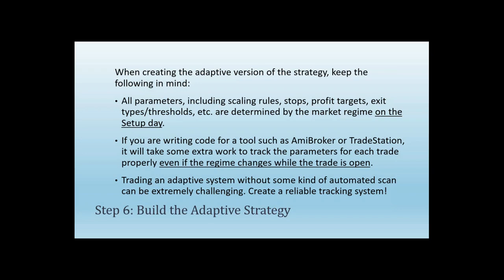If you're manually finding your trades, or manually changing your backtesting and signal generation code and parameters to match the market regime, what happens if you don't notice that the market regime changed last night? Now you're finding a set of signals that don't correspond to the market regime that they really should.